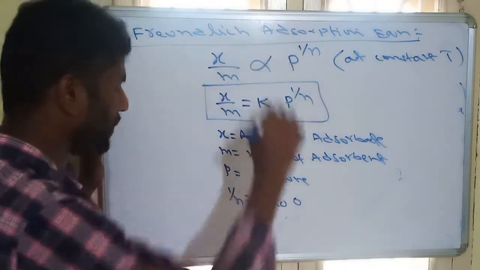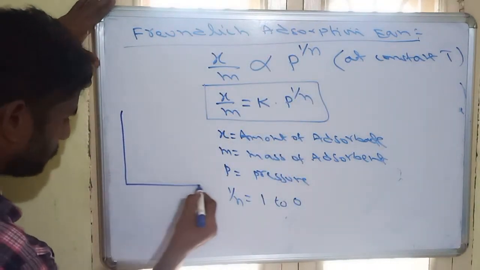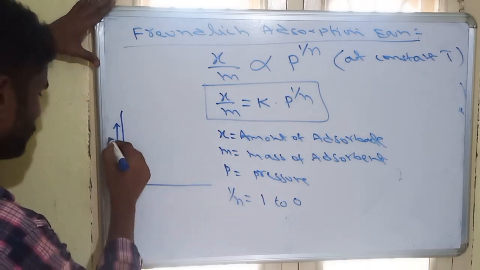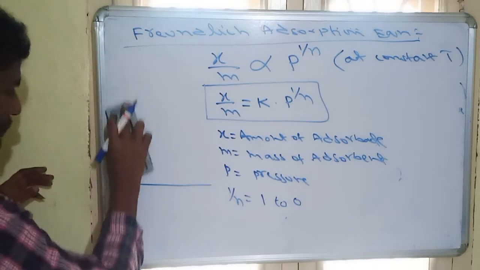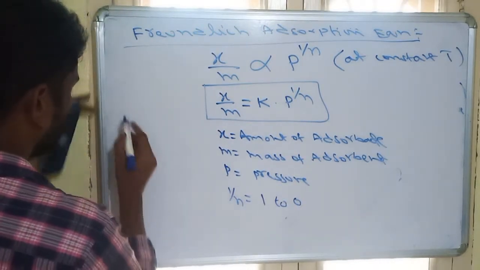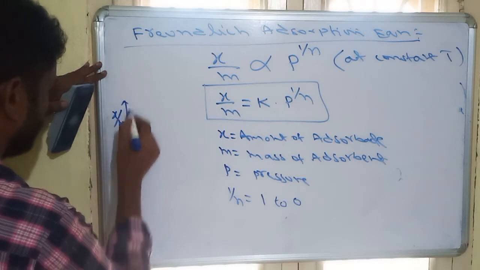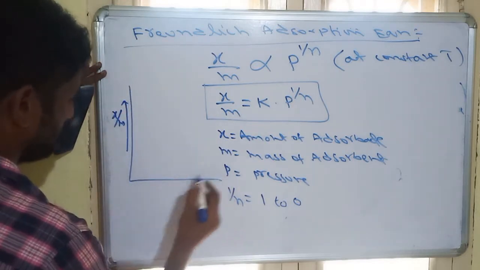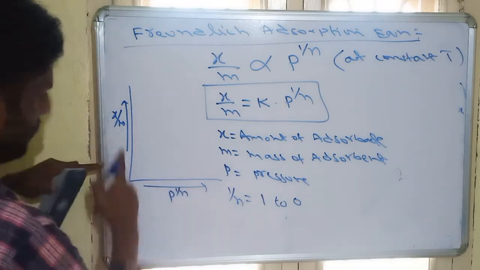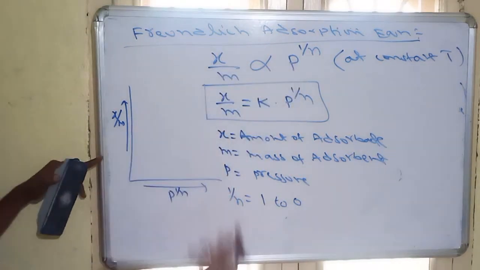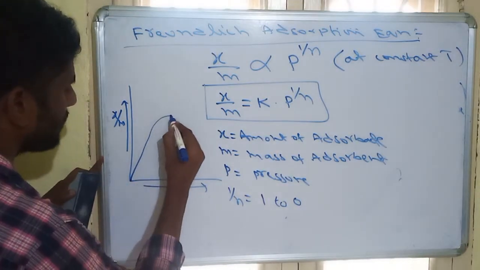So why is this power value used? See this, when we draw the graph between x by m versus p power 1 by n, both are directly proportional, so from the origin it increases like this.